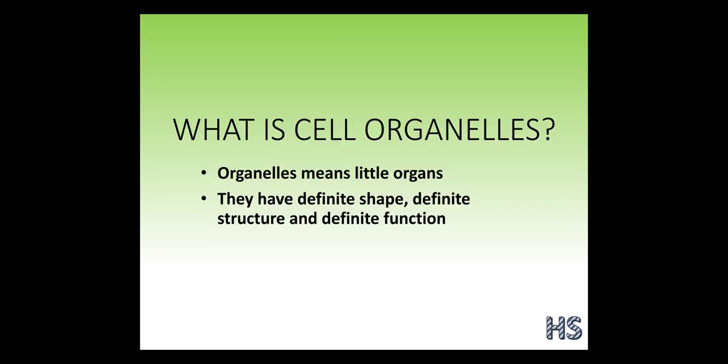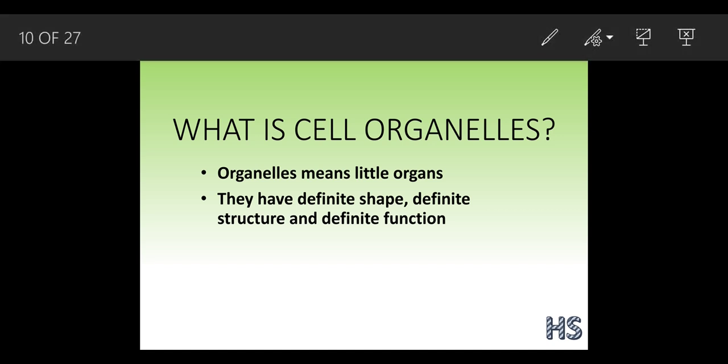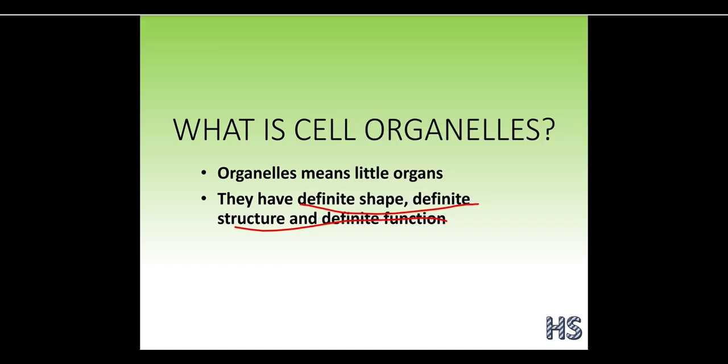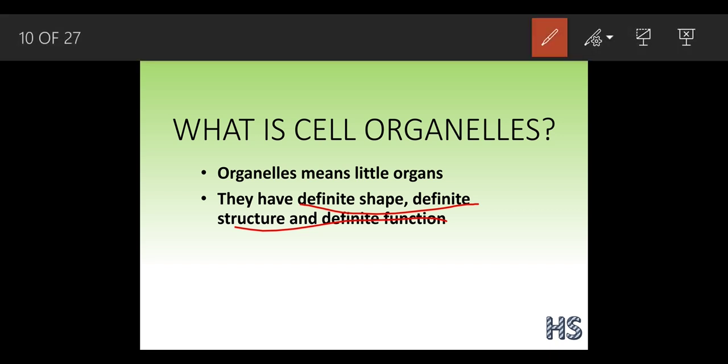Now let's understand what the cell organelles are. Cell organelles means little organs. They have their definite shapes, definite structure and definite function. So what is the difference between the word organ and an organelle?